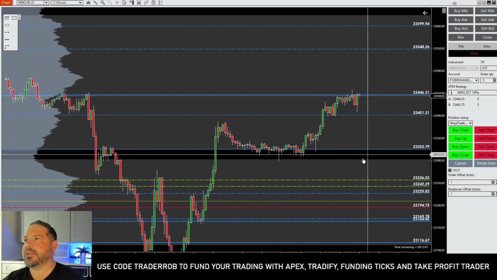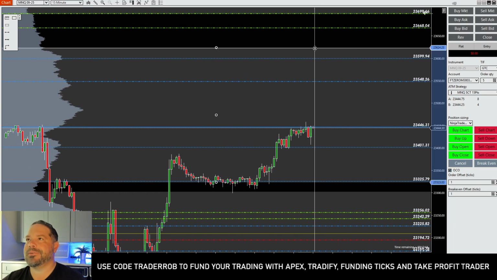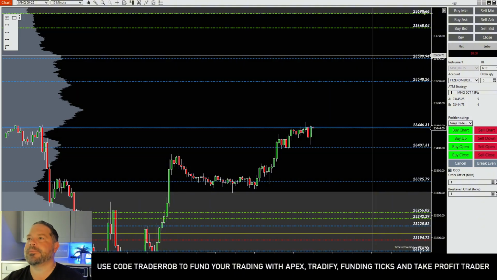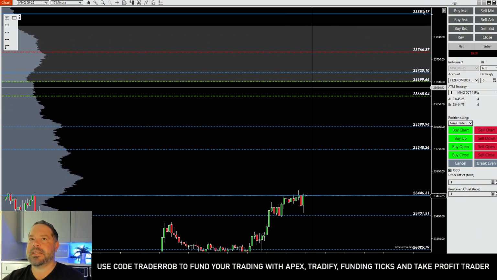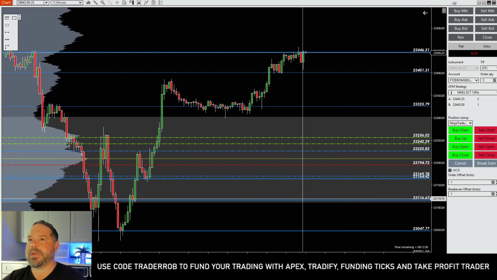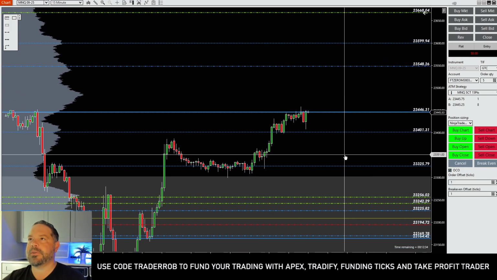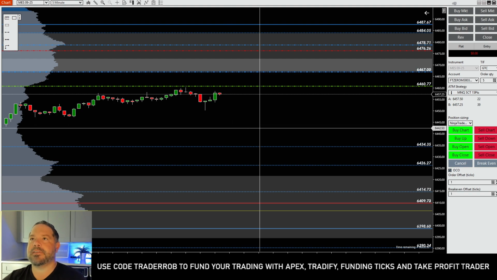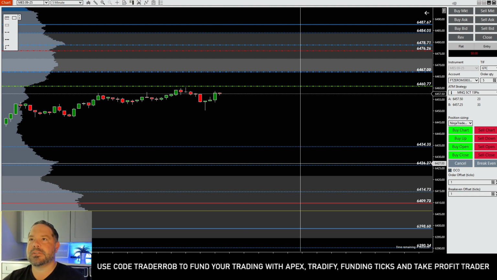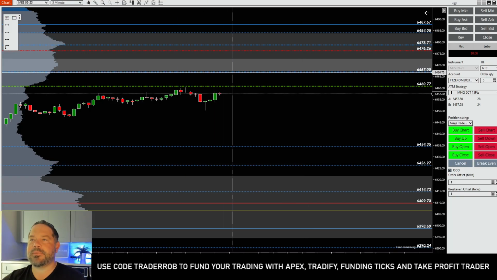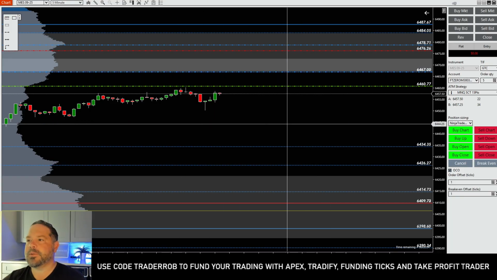You guys can see here, not really interested in anything right there. So to the top side and then to the bottom side, those are the two setups that we've got. ES, I feel pretty good about this 6467 number. We should probably see this right at the bell, so that'll be interesting.